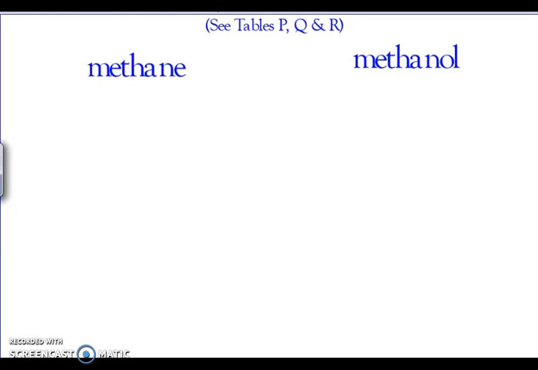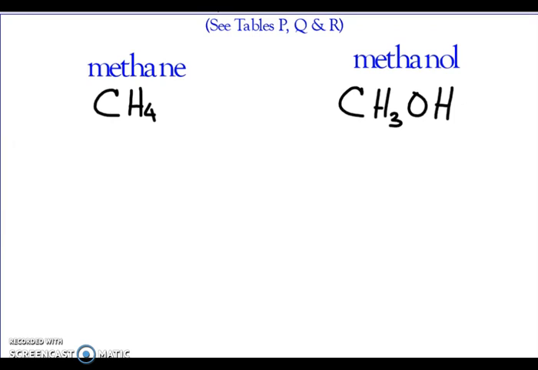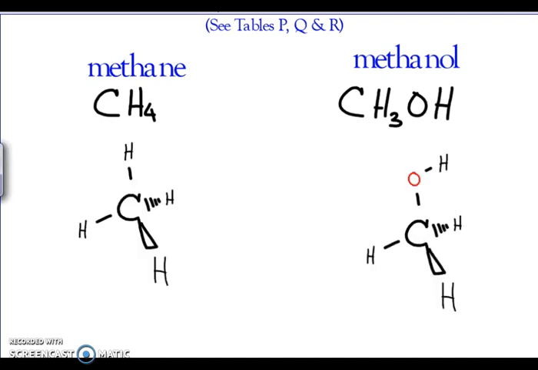Let's consider methane and methanol. Methane is a nonpolar molecule, whereas methanol is a polar molecule. This is because of the hydrogen bonding opportunity. The only difference between these two molecules is methanol has an oxygen atom in between the carbon and the hydrogen, whereas methane does not. That oxygen atom creates a very, very strong dipole.